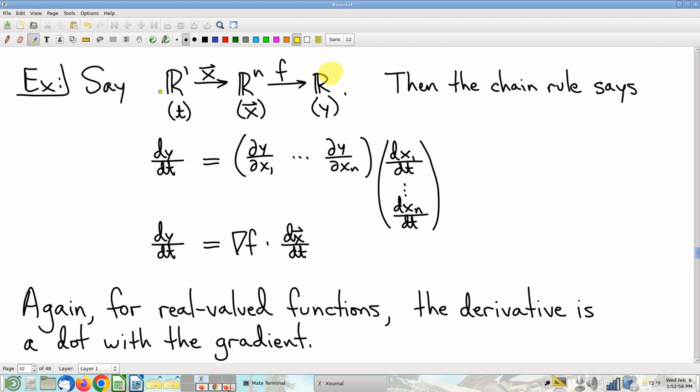Well, by virtue of there being a single output to this function, that means that this derivative matrix, you think about it, always keep in mind, if you're talking about a function, you want to write the derivative matrix. Columns correspond to input variables. Rows correspond to output variables. So if you only have one output variable for this f function, one output variable means this matrix is just going to have just the one row.